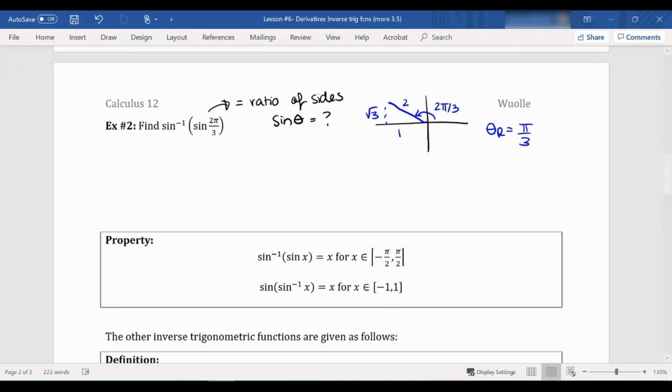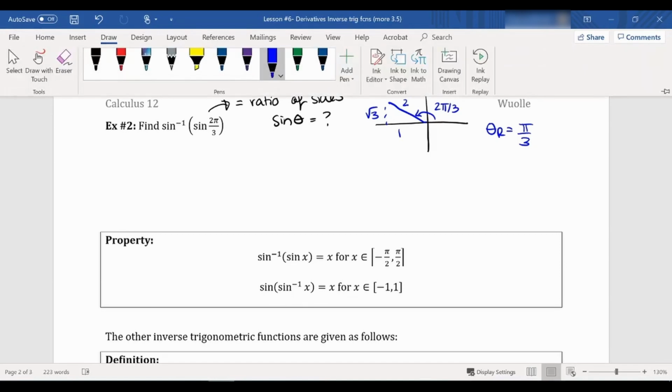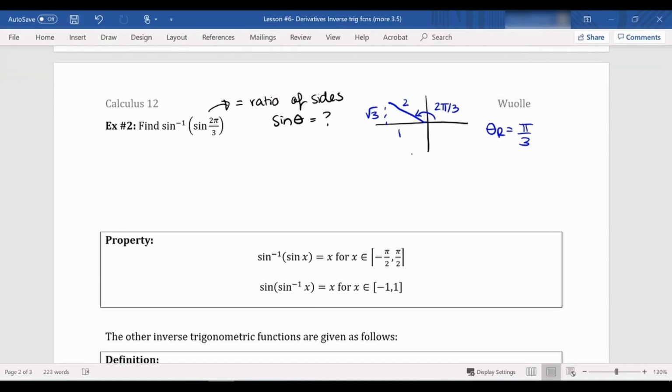Now I know that this one is also a negative 1 because we're on the negative x-axis. So this means that sine of 2 pi over 3 is equal to root 3 over 2. Now I'm asked to find sine inverse of this amount.